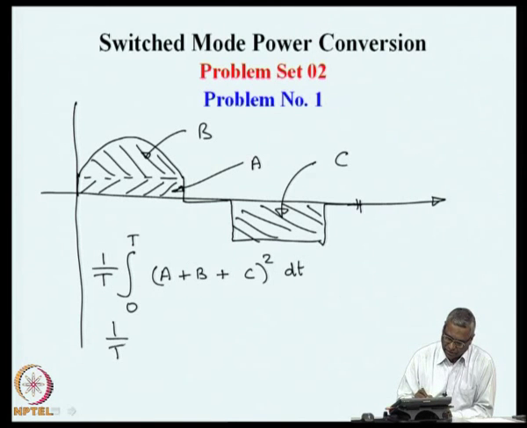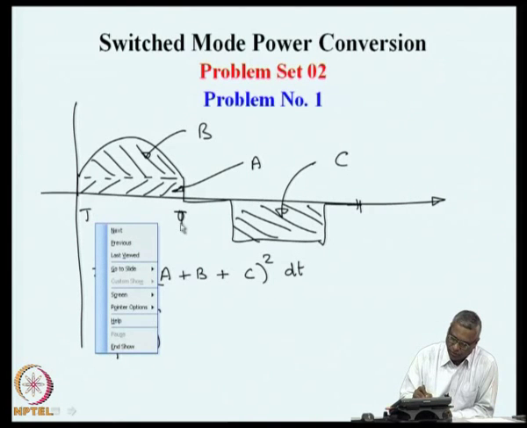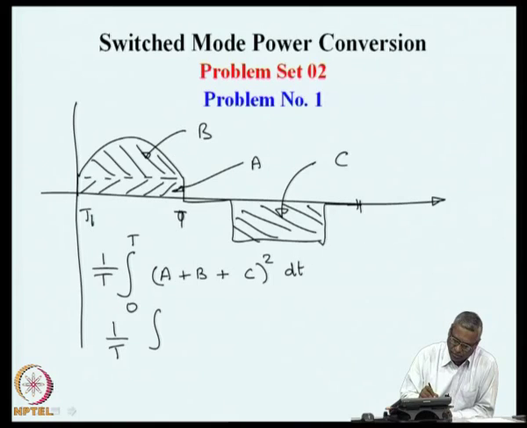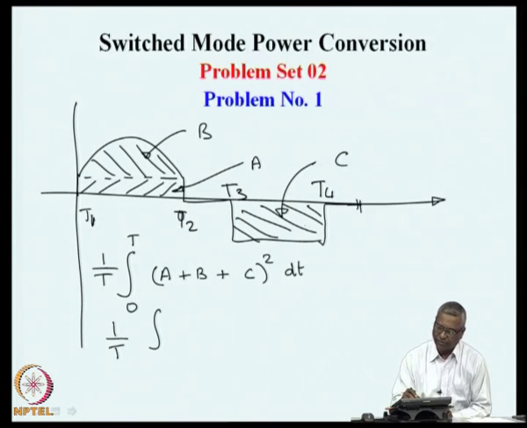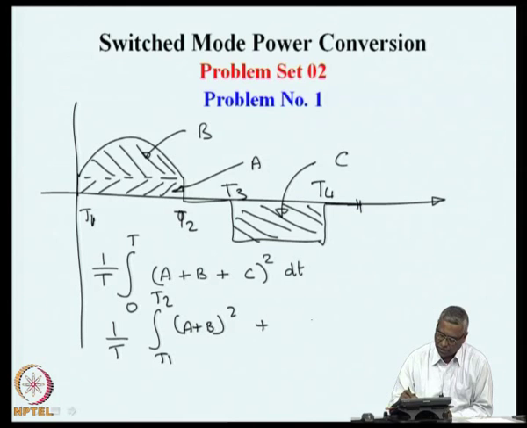And when we expand this, because A exists only from T1 to T2, and C exists only from T3 to T4, we might say that from T1 to T2, A plus B whole square, plus from T3 to T4, C square dt.